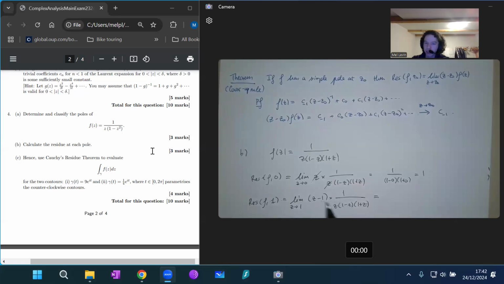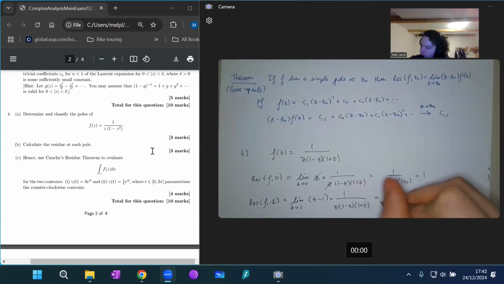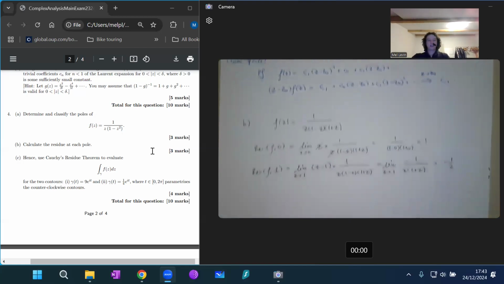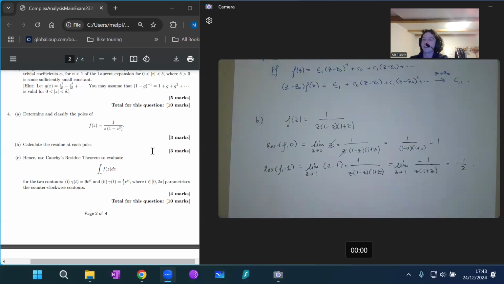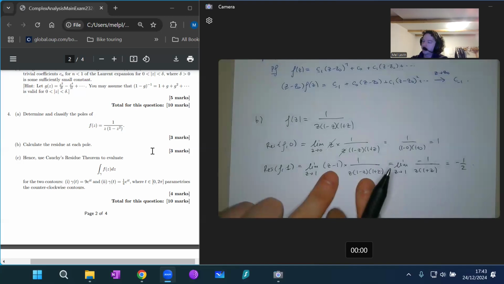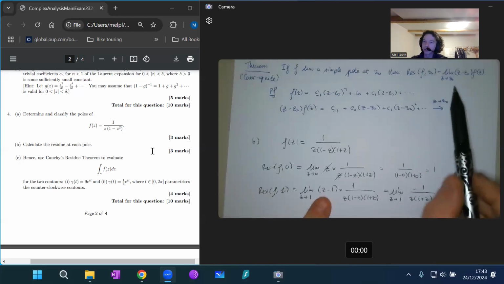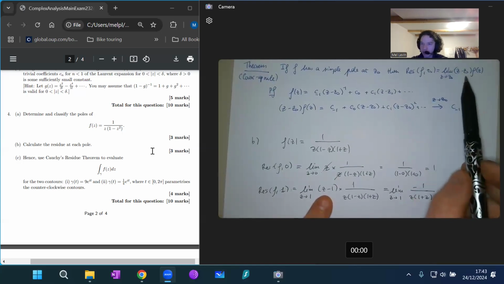So those simplify to a -1, and if we now plug in 1, then we'll get -1/2. So careful that you can only cover up a term if it looks exactly like z minus z naught, not z naught minus z or a multiple of z minus z naught.